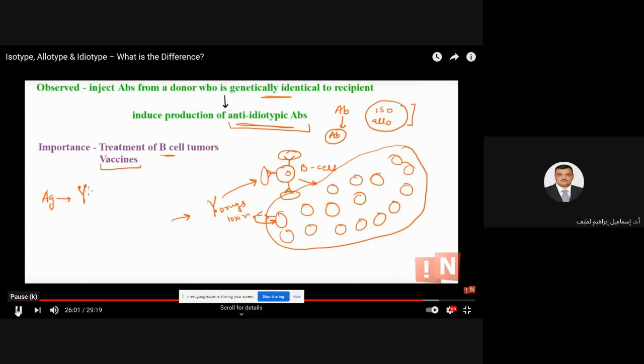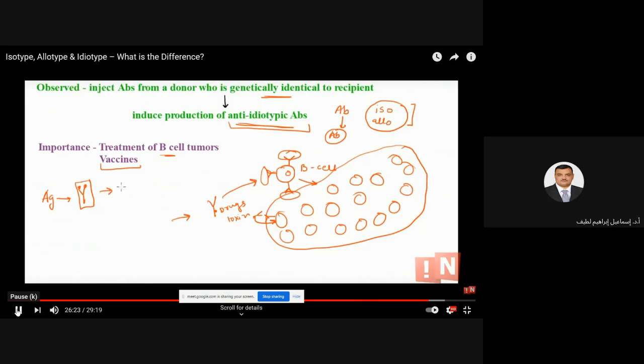As I said before, antibody itself is a protein. So now your body has made a new protein, something totally new to your body. This idiotype itself can also be recognized as a foreign molecule because it is very new to your body.